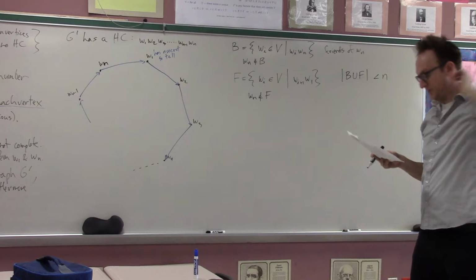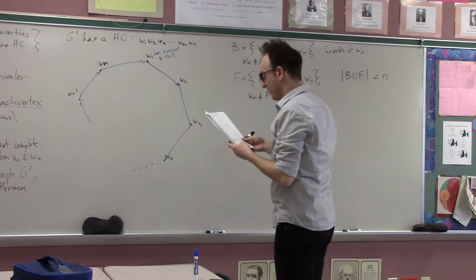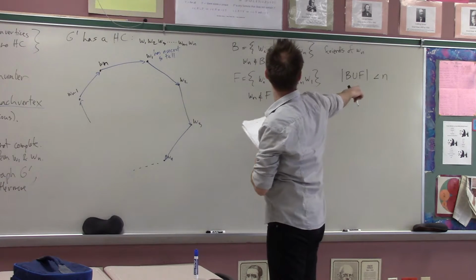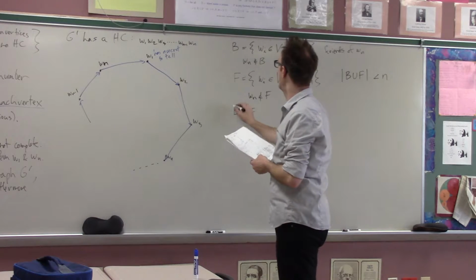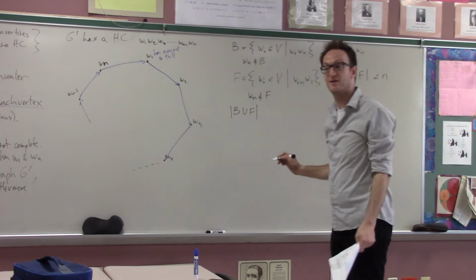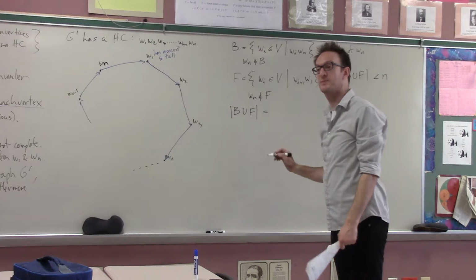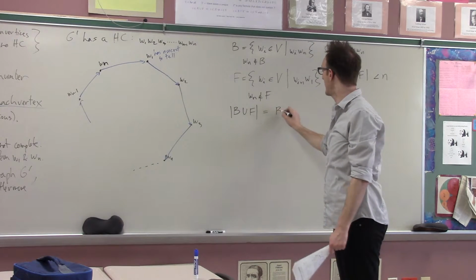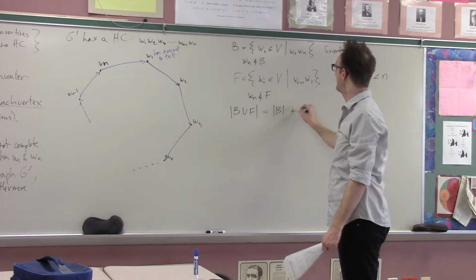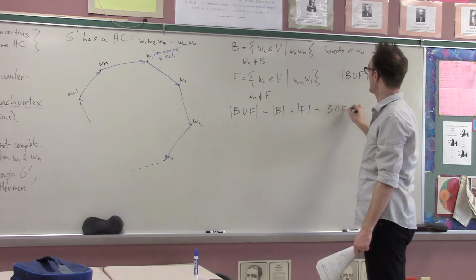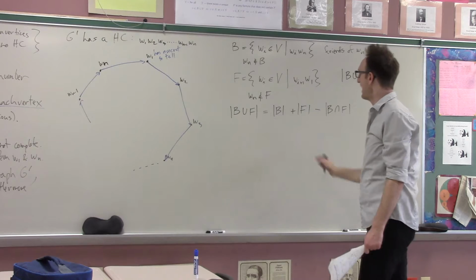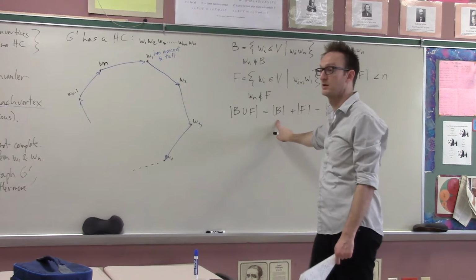All right, furthermore, oh, this is the hard part. So let's just look at this. This has to be less than n. So what is the size of B union F? Well, by a simple inclusion-exclusion, it's the size of B plus the size of F minus the size of B intersect F, right? Okay, and what is the size of B?